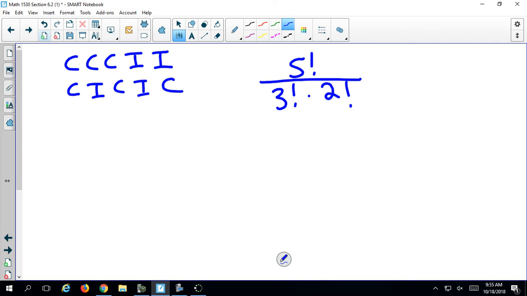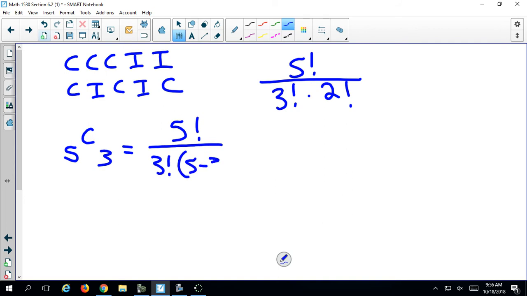Well, that looks similar to something else we did too, right? So what if we did 5C3? The formula, that's 5 factorial over 3 factorial and then 5 minus 3 factorial. Right?